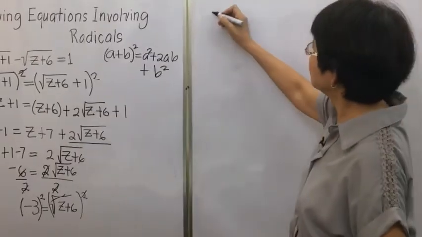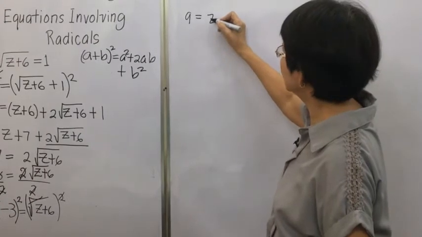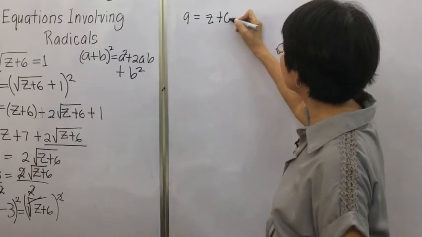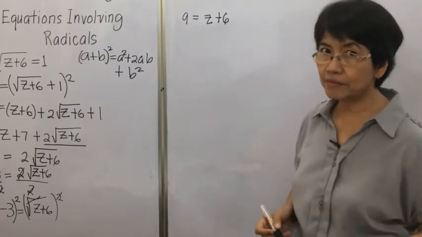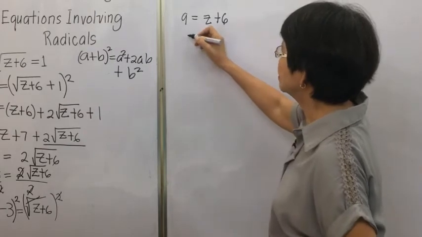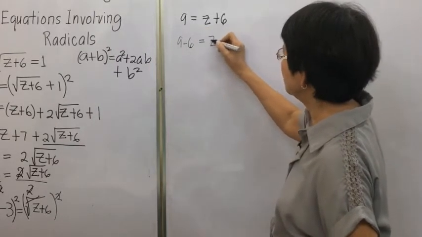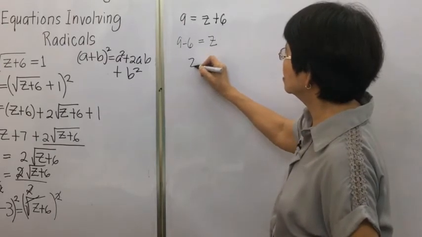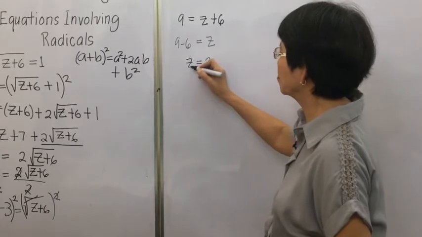So we have 9 equals z plus 6. And then isolate the variable on one side of the equation. We subtract 6 from both sides. 9 minus 6 equals z. Therefore, z is equal to 3.